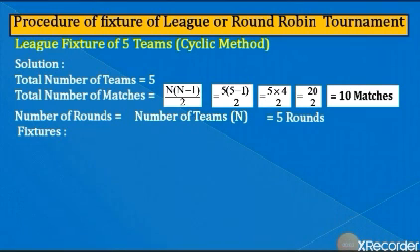After that, we draw the league fixture of 5 teams by the cyclic method. In the cyclic method, if the teams are odd in number, we fix the bye on the top at the right hand side in each round.